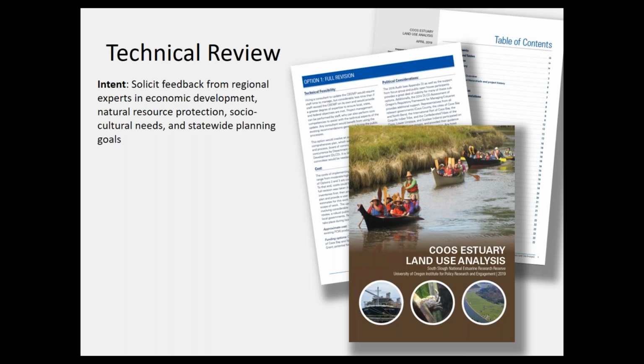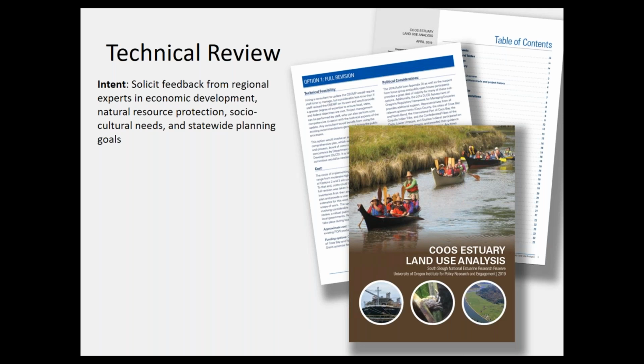The third way that we wanted to engage a broader perspective was to solicit technical review on the process we were taking. So we have a report that you can see here, and I believe there's a link available in the chat box. There's handouts available. Basically, this is the Coos Estuary Land Use Analysis Report, which describes our entire process.